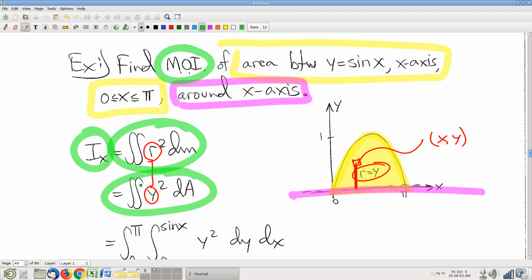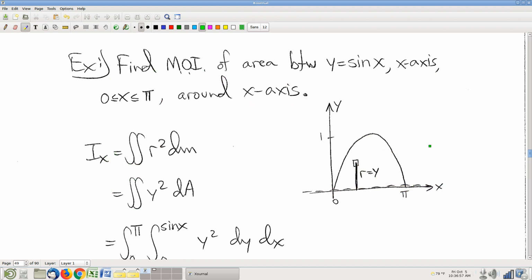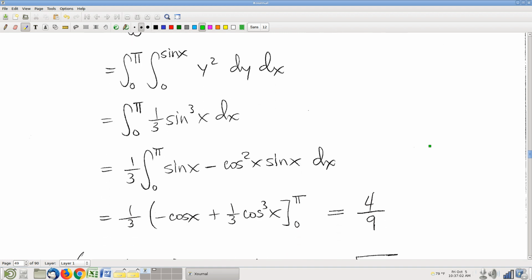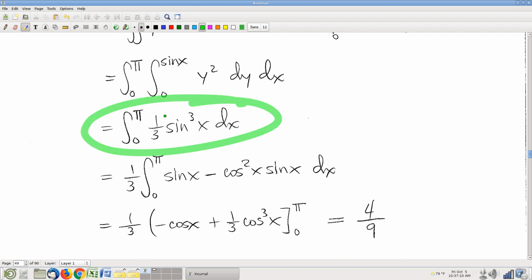Okay. Now I will point out while I'm here that there is a sad fact about multivariable calculus, that it involves a lot of single variable calculus. It doesn't go away. It's really annoying. But here's what the outside integral turns into in this case. An integral of sine cubed.